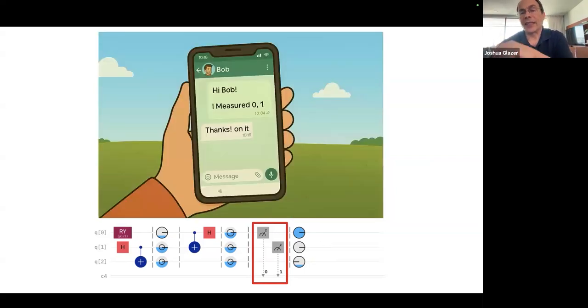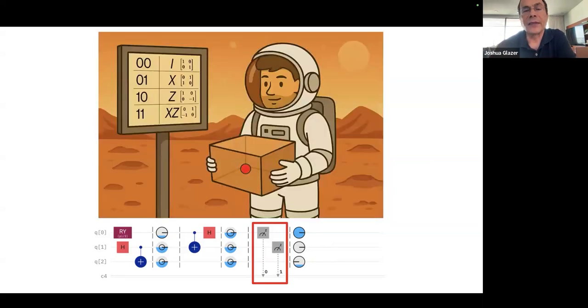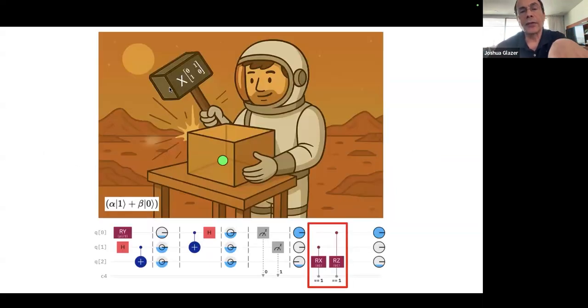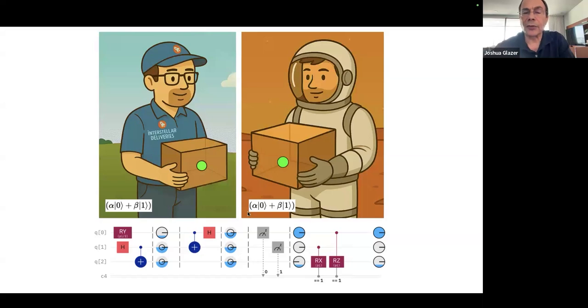When Bob gets the information after 12 minutes, all he does is say, okay, she said 0, 1. He takes an X operator, just takes the X, boom, operates on his qubit, and look at that. He gets the original qubit.